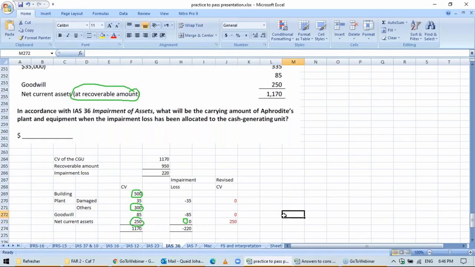So first I allocated loss to the asset whose recoverable amount was known and I knew it was damaged. So I write it off first. Then I go to the goodwill, fully write off. Now I check any asset having fair values or known recoverable amounts that have not been impaired. That is also done. Allocated 0 to it. Now what two items are left?